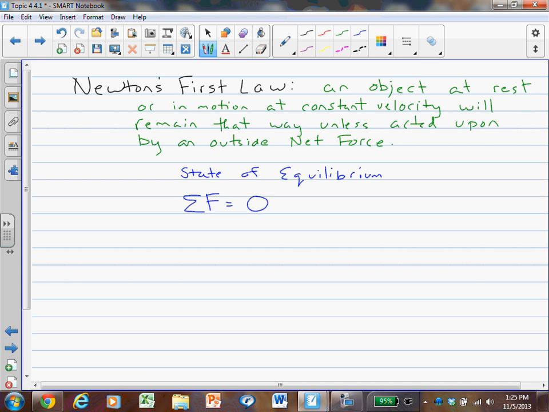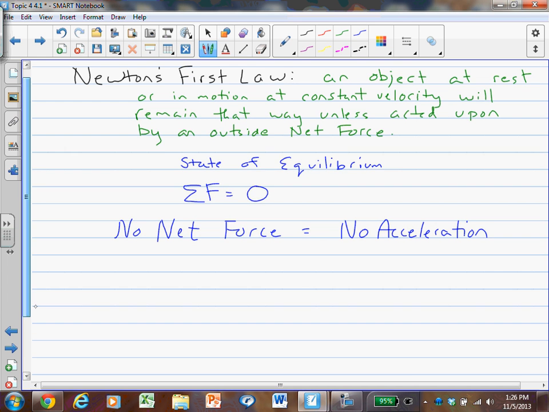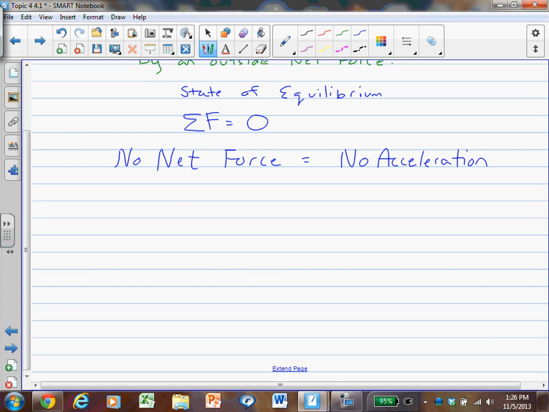There is no net force equals no acceleration. So this can be with constant velocity, or it can be with zero velocity. In both cases, you have no acceleration, you have no net force.